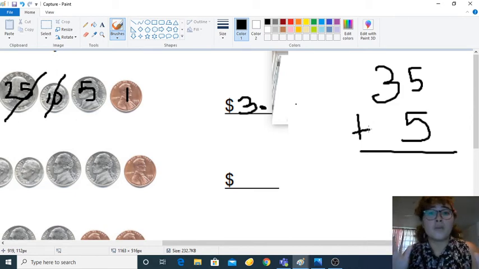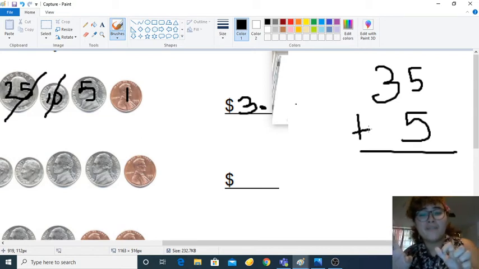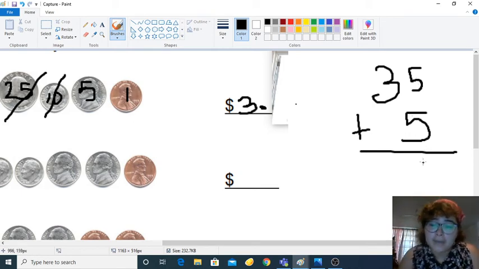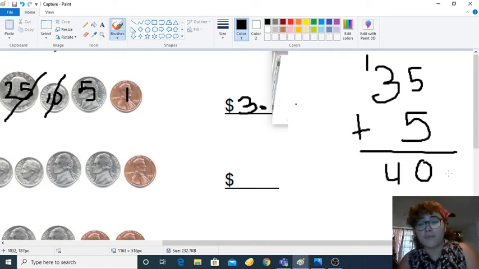You can go back and go by all the fives, 5, 10, 15, 20, 25, 30, 35, 40, or if you still don't remember how to count by fives too well, you just add it together just like this. 5 plus 5 is 10. So once more, we put the 0, but since it's 10 or more, we put down the 0, but we pull up that 1. And now we have 1 plus 3 equals 4, and it gives us 40.